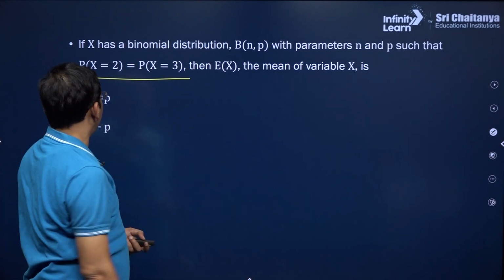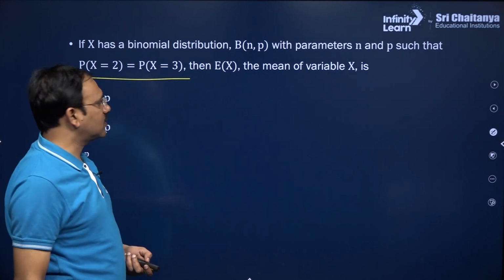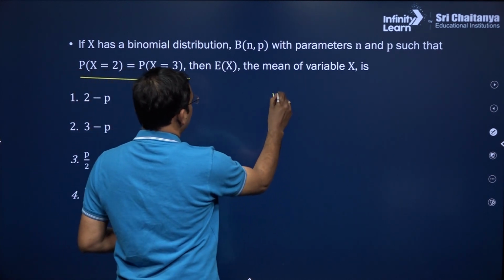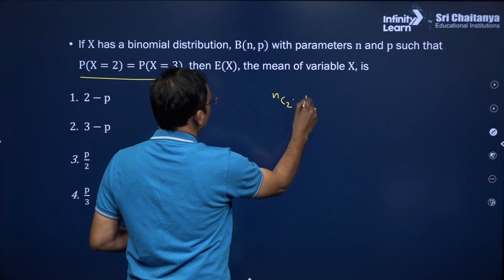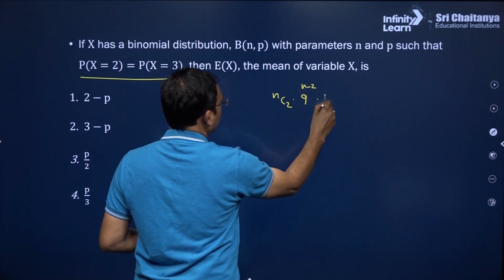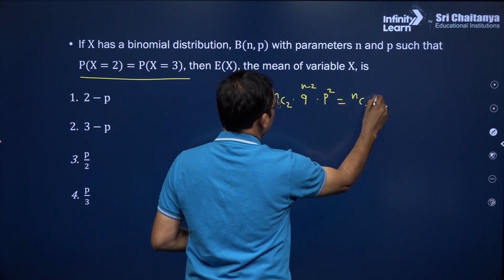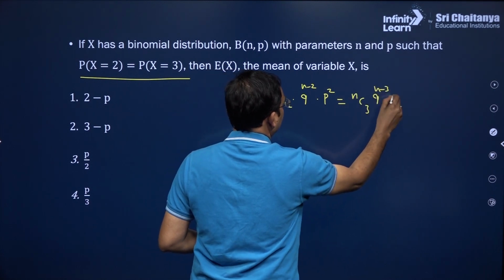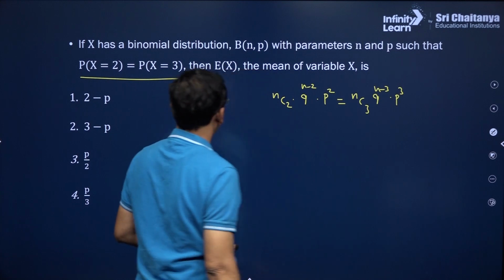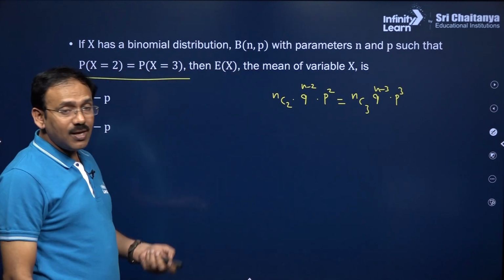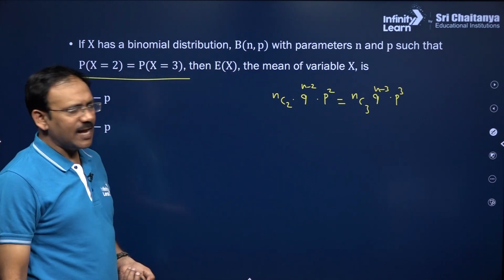Next, X has binomial distribution with parameters n and p such that, same kind of question, P(X = 2) is equal to P(X = 3). So, friends, nC2 into q to the power of n minus 2 into p to the power of 2 is equal to nC3 into q to the power of n minus 3 into p to the power of 3. Then E of X, the mean of the variable I want, mean means np value.